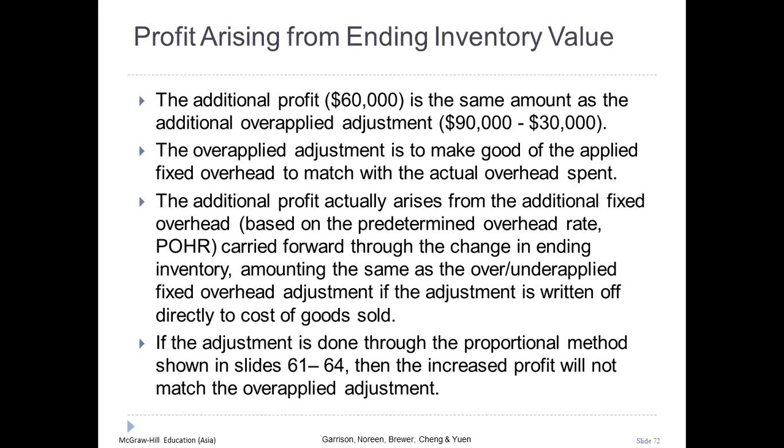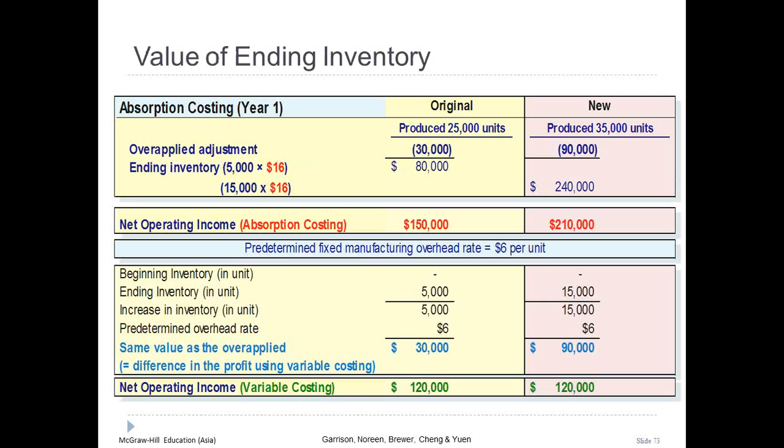If the adjustment is done through the proportional method, then the increased profit will not match the over-applied adjustment. Let's see it here. Additional inventories produced receive additional fixed manufacturing overhead based on the predetermined overhead rate, not based on the total increase in the ending inventory value.